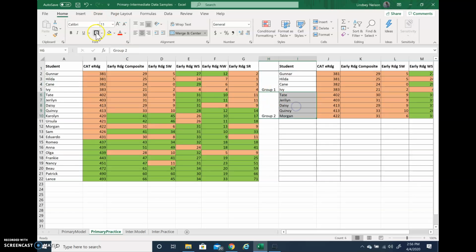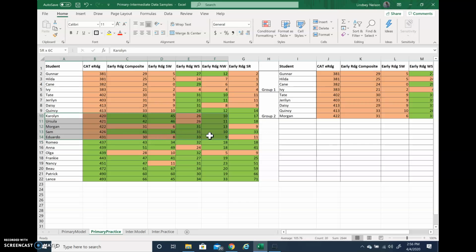All right, then let's take a look at who I've got next. I'm going to look then at my remaining students who are below proficiency in their first assessment measure. Now, keep in mind, we've already put Morgan in this second group, so we don't have to consider her.